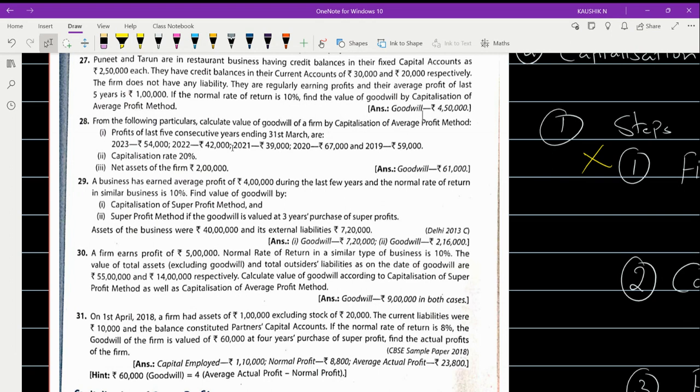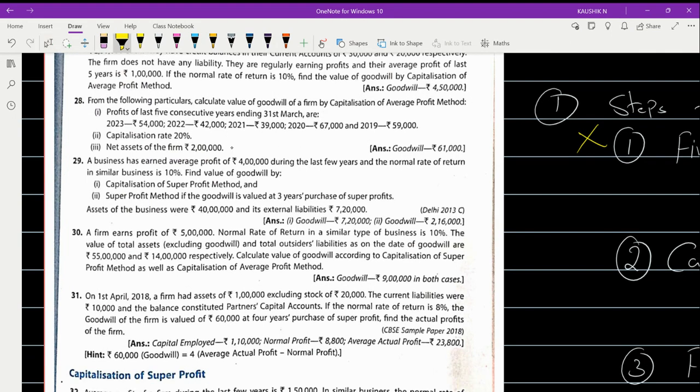So look here. The problem is sum number 29. This was also asked in the board examination 2013, in the compartment category. So what is given in the question? A business has earned an average profit of rupees 4 lakh during the last few years. They have not mentioned how many years. The normal rate of return in the similar business is 10 percent. So 10% is the NRR.